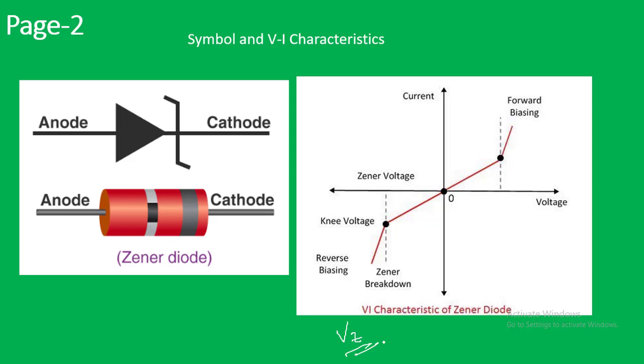In this breakdown region, a large reverse current results on the application of the reverse breakdown voltage, and it is termed the Zener current, denoted IZ. In this diagram you can see the symbol of the Zener diode, and in practice how it looks.